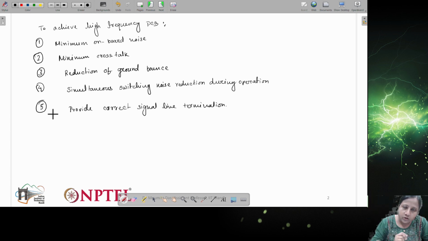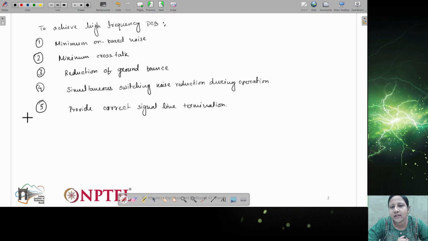One of the important things we need to consider is the board material. Whenever we are designing a PCB, there are different materials we can consider. The board material is going to affect the operation of the converter at high frequency.